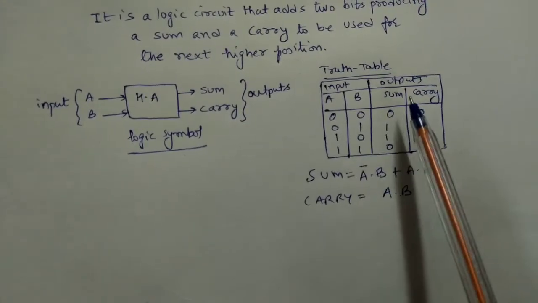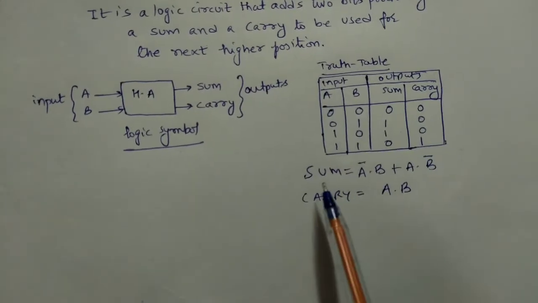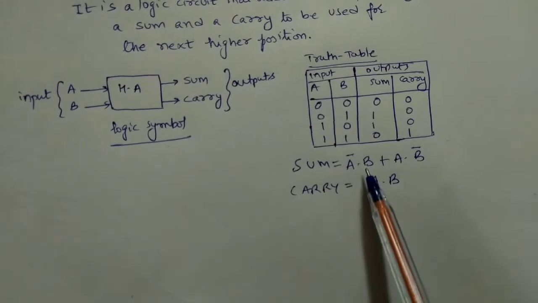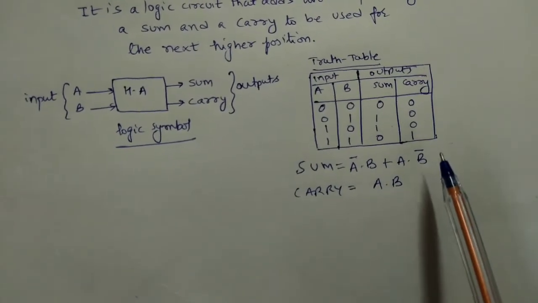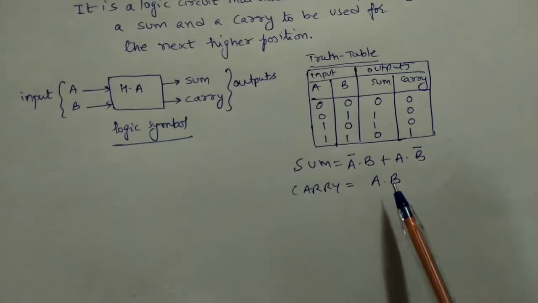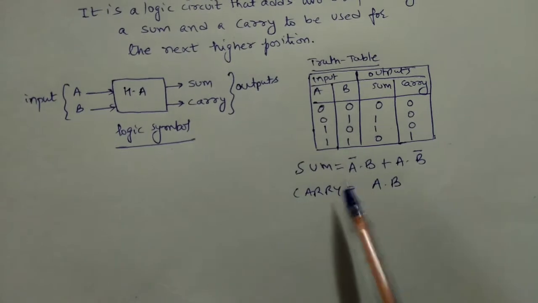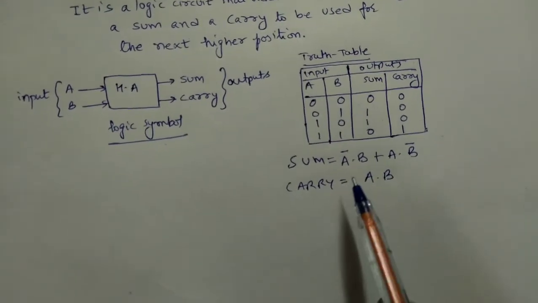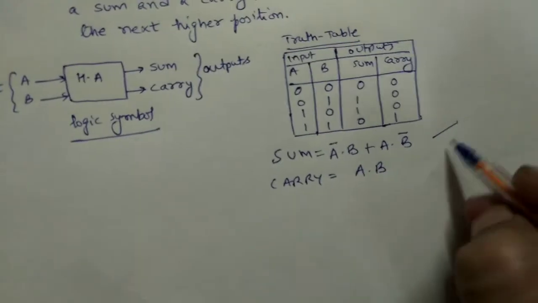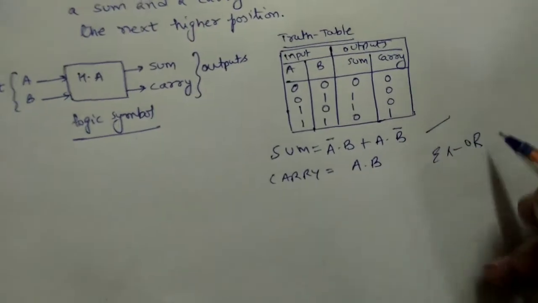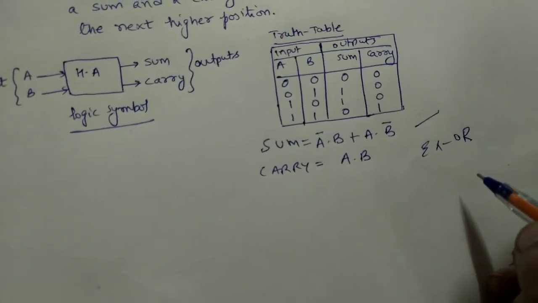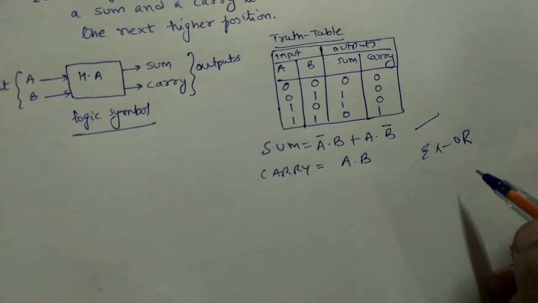Now from this truth table, the sum equation can be written as A complement into B plus A into B complement, and the carry equation can be written as A into B. If you look at these two equations carefully, the sum equation points to the exclusive OR gate, since the exclusive OR gate has the same output combinations.